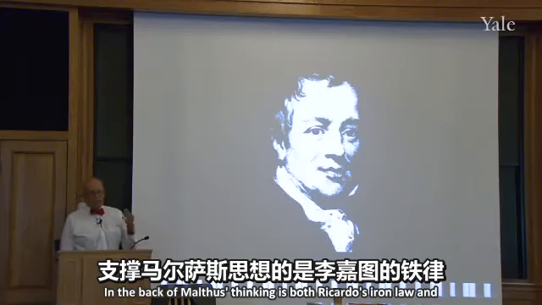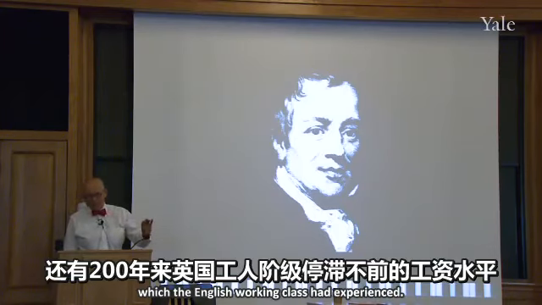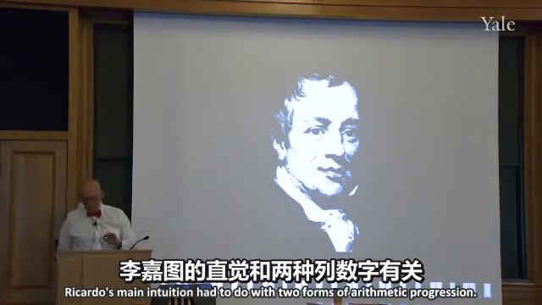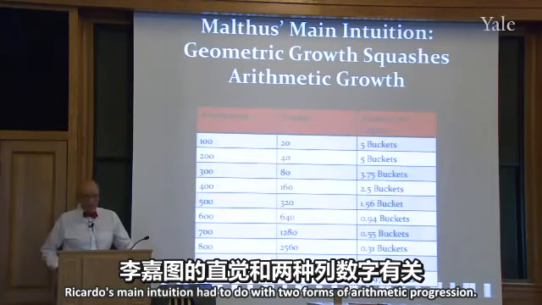And in the back of Malthus's thinking is both Ricardo's iron law and the empirics of 200 years of stagnant wages, which the English working class had experienced. So Ricardo's main intuition had to do with 2 forms of arithmetic progression.